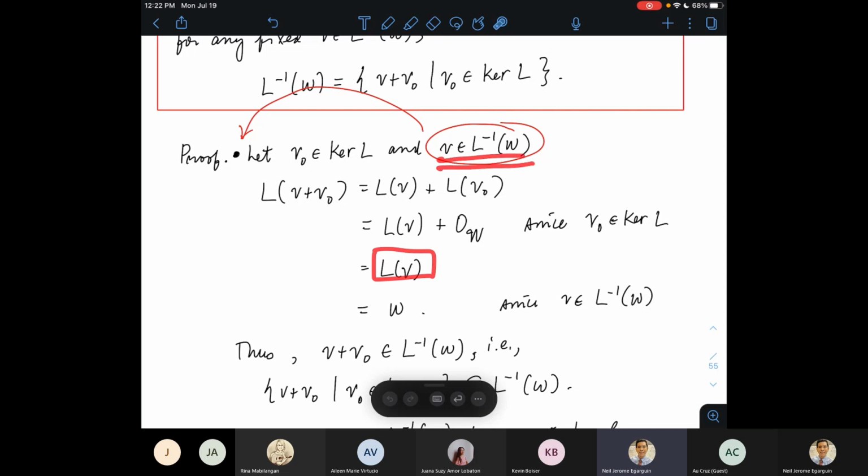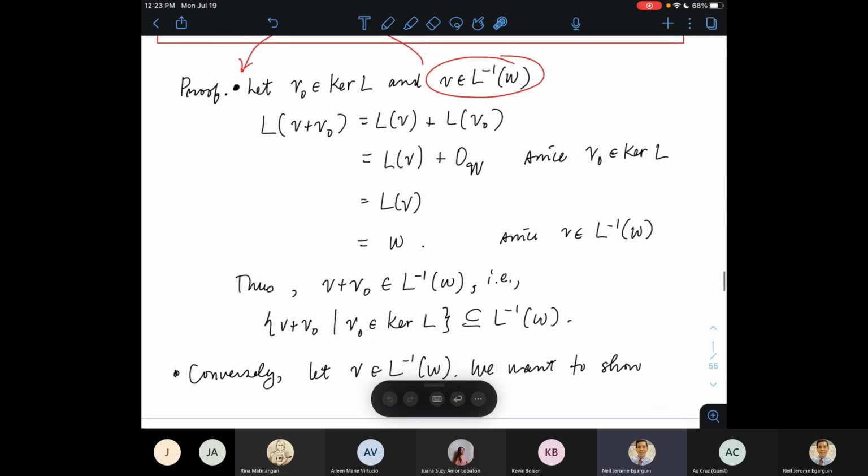Remember, V is a fixed element of L inverse of W. Sure tayo si V nasa inverse image ni W, so L of V must be equal to W. Correct? And that shows that the right-hand side is a subset of the left-hand side.